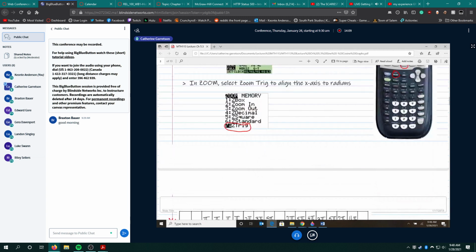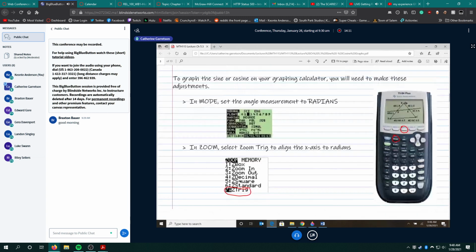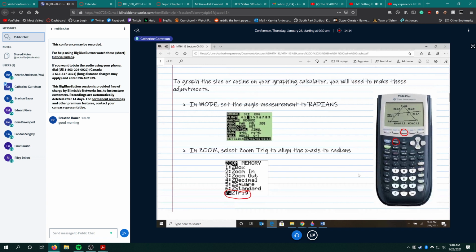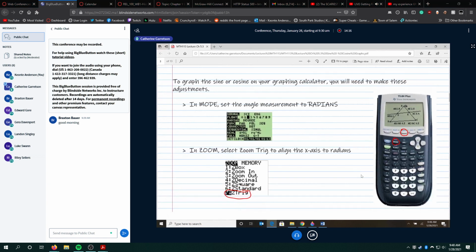Okay, so now I will tell you the rest of the way. Say I wanted to graph the sine of your angle, whether it's just the sine of x or the sine of theta. Then I would go to the y equals key, and I would say I'm going to graph the sine, and I would hit sine.